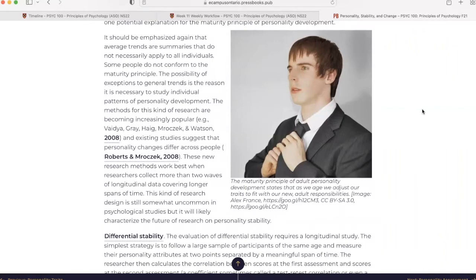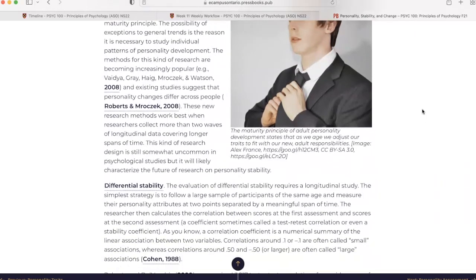Methods for this kind of research are becoming increasingly popular, and existing studies suggest that personality changes differ across people. These new research methods work best when researchers collect more than two waves of longitudinal data covering longer spans of time. This kind of research design is still somewhat uncommon in psychological studies, but it will likely characterize the future of research on personality stability.